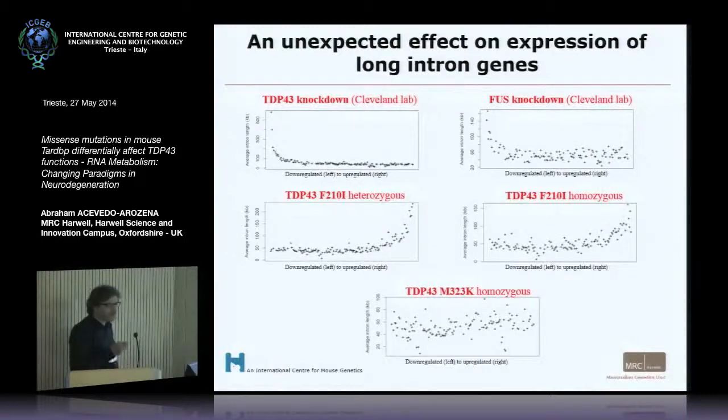I should stress here that this is RNA-seq data, and we haven't really validated this yet on qPCR, so we really need to do that. It's very preliminary. But it looks like the effect on the long intron genes is opposite from the knockdown with the F21I mutant, and that's really puzzling. We don't really know how that might be.